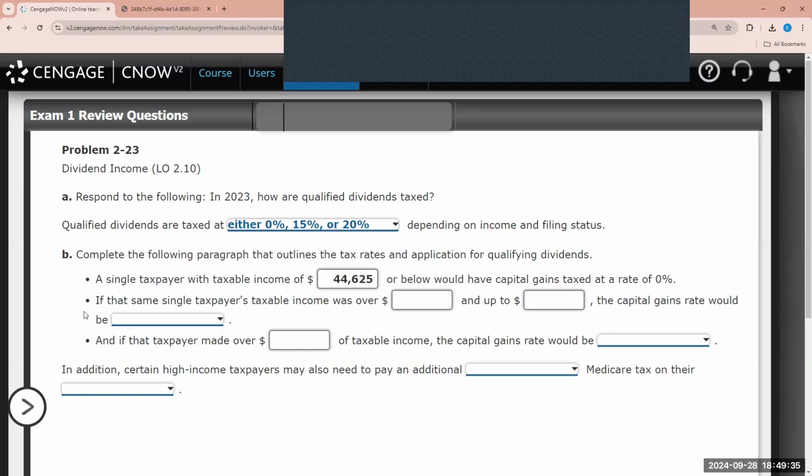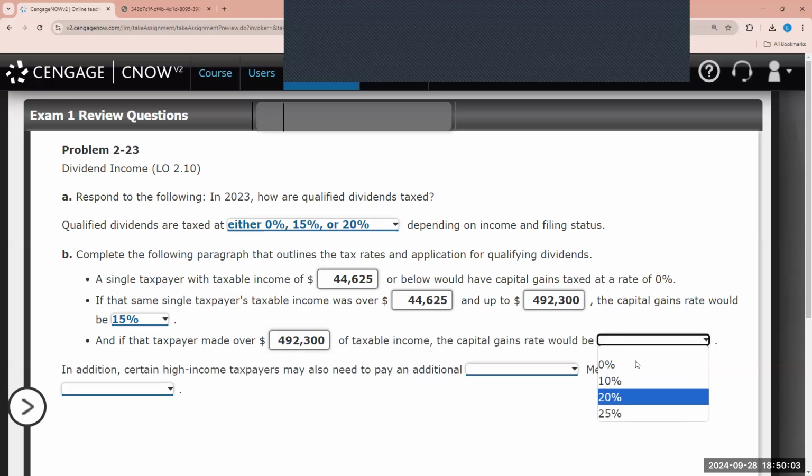If that same single taxpayer's taxable income was over $44,625 and up to $492,300, the capital gains rate would be 15%. And if the taxpayer made over $492,300 of taxable income, the capital gains rate would be 20%, right?